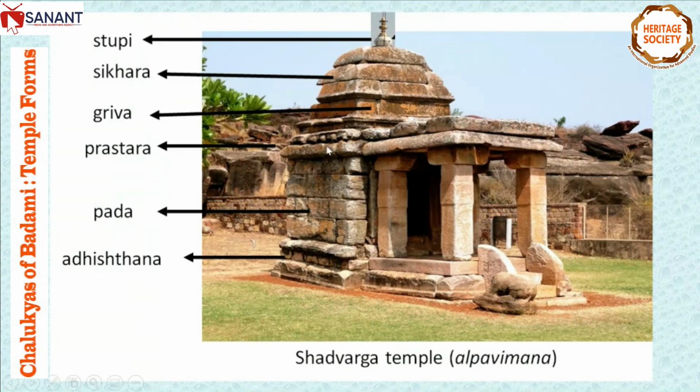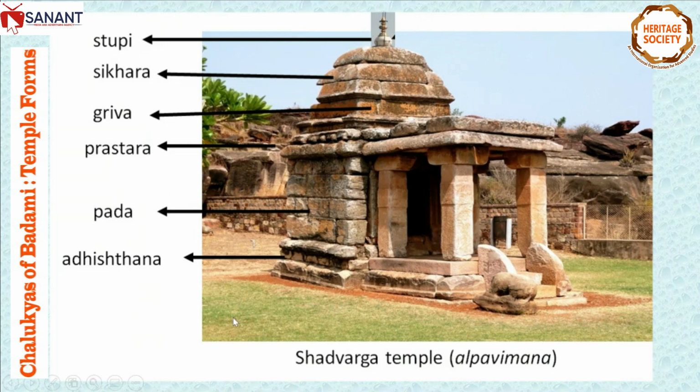Then Prastara is the roof area. Then Griva is the neck-like portion, which you can see here, which distinguishes the upper part, what we call Shikhara in southern Indian context. And the Stupi is the Kalasha which is atop this Shikhara.